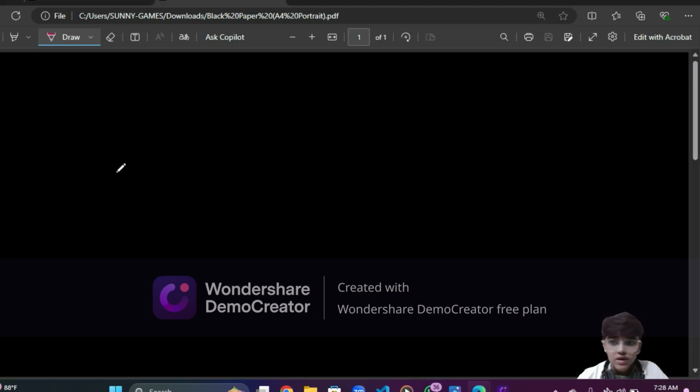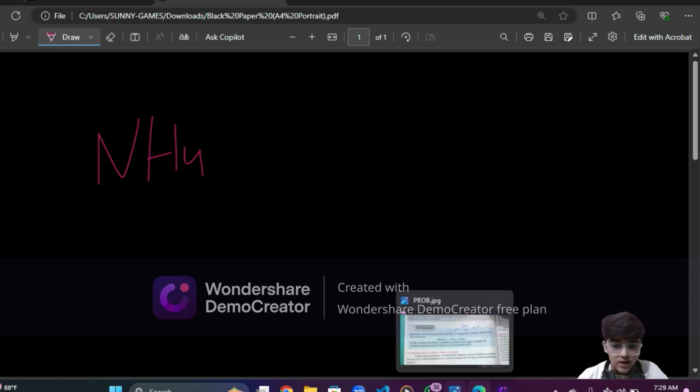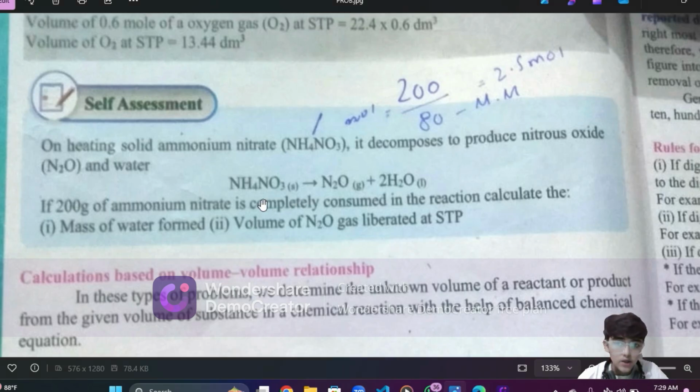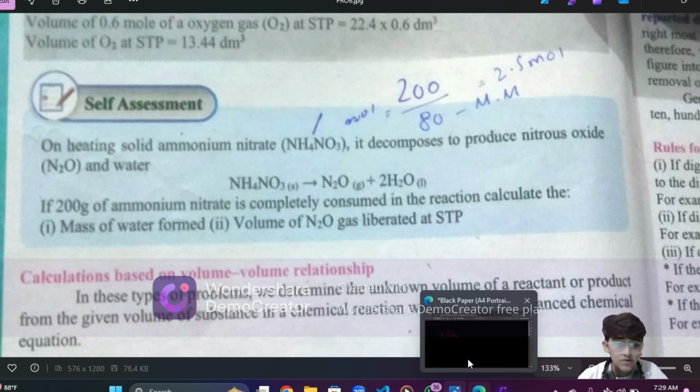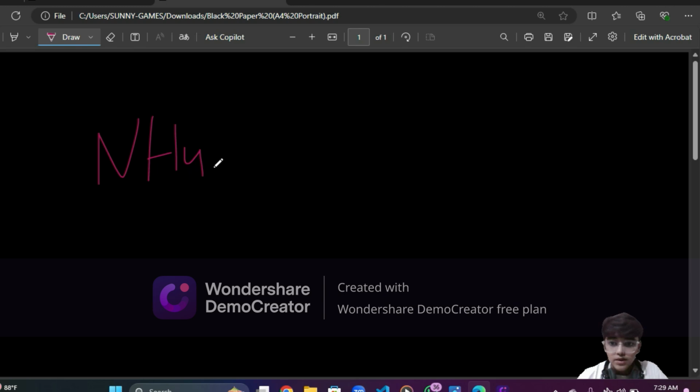Ammonium nitrate, NH4. Okay, now let me just again revise or review that. Now NH4 ammonia and NO3, that is nitrate combined with oxygen.